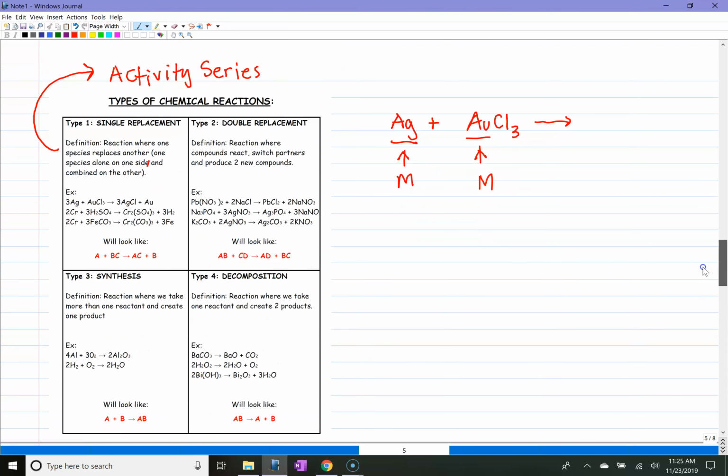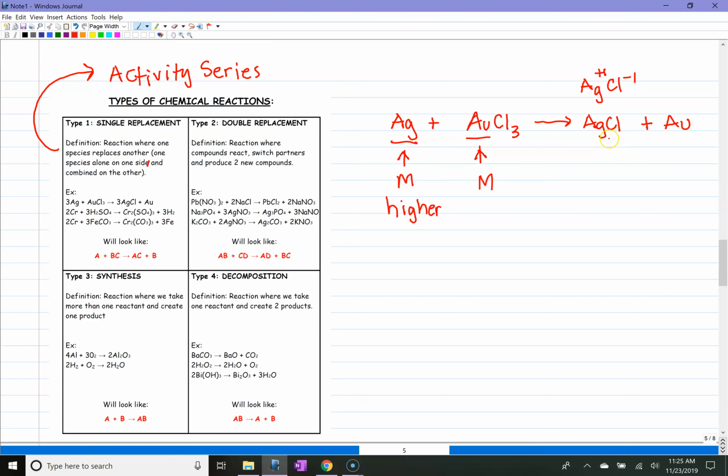And so since silver, the single element, is higher on the activity series, then there is a reaction that's going to occur, and the reaction is going to produce silver chloride. Silver has a +1 charge, chlorine has a -1. So it would be AgCl plus the gold.